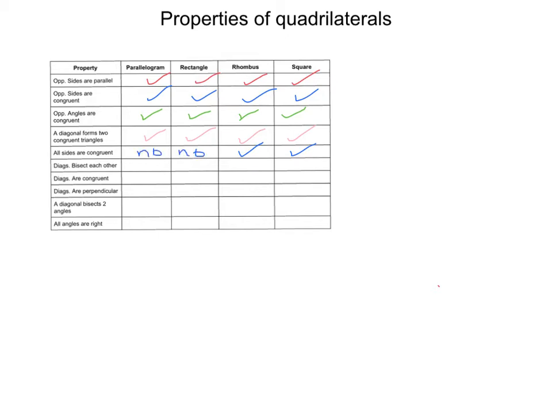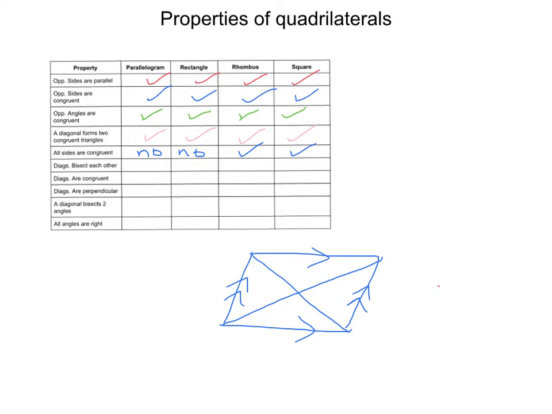How about diagonals bisecting each other? Okay, so is that true in a parallelogram? What we know is we have this parallelogram, and we want to know if the diagonals bisect each other. Things we know about parallelograms: their opposite sides are congruent, the lines are parallel, and opposite angles are congruent. So if I look here, I know these angles are equal, and I know these angles are equal, right?